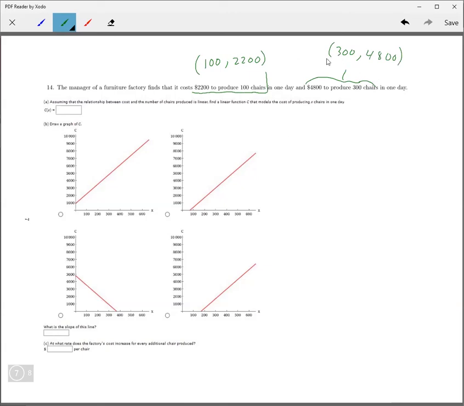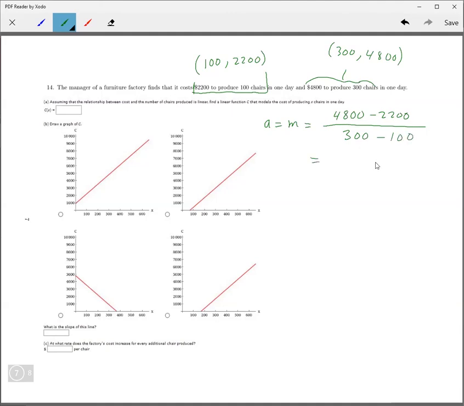Now those are 2 points on a graph, or 2 points on the linear function, and so we can find the constant rate of change or the slope by using these 2 points. The numerator is the difference in y values, and the denominator is the difference in x values.